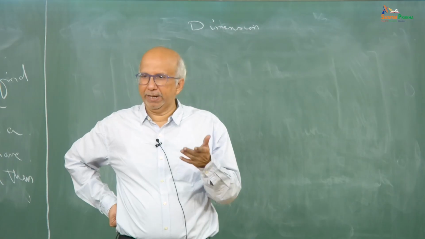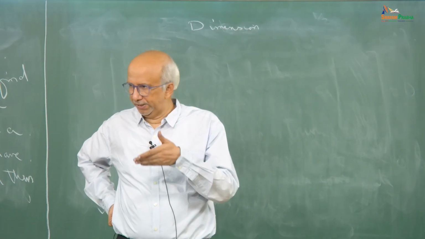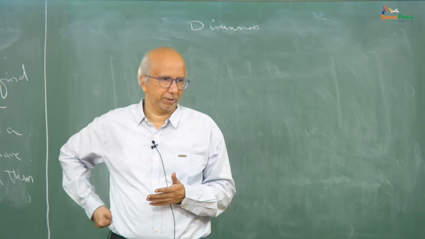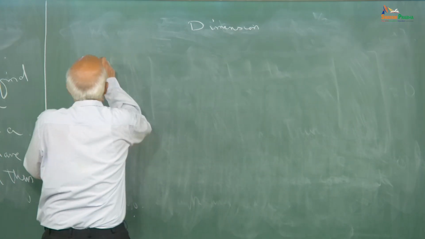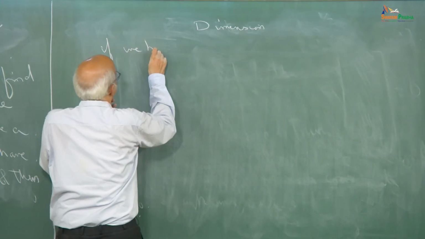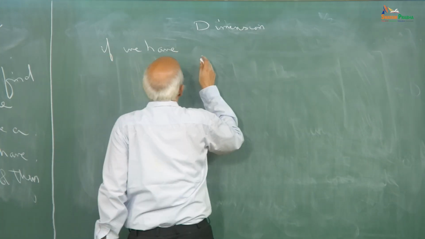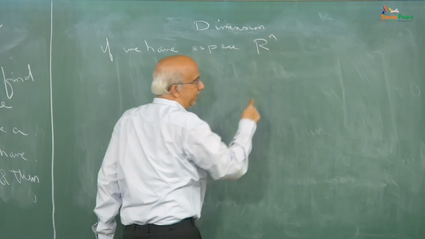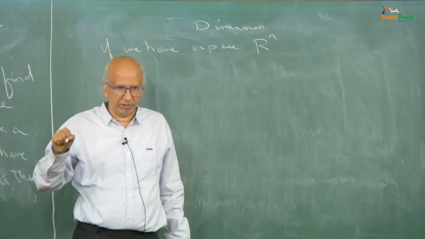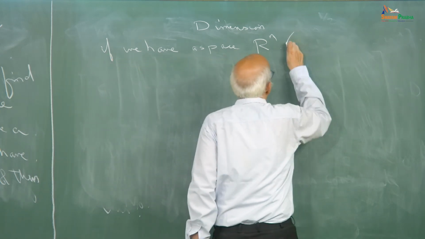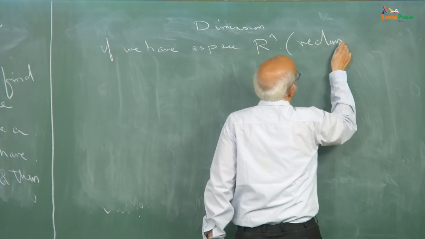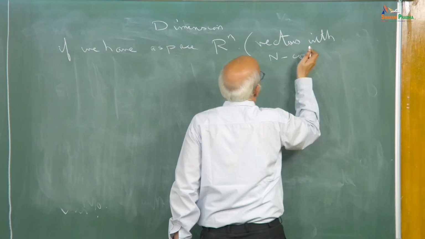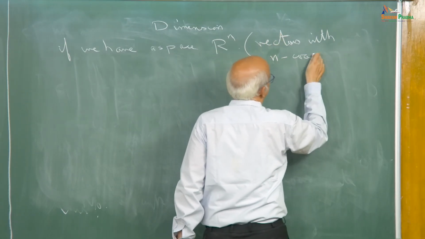For example, when you had vectors which have n coordinates, we said that belongs to Rn and the dimension of Rn is n. So, if we have a space, say Rn, what is Rn? Rn is a space of all the vectors which have n coordinates, with small n.